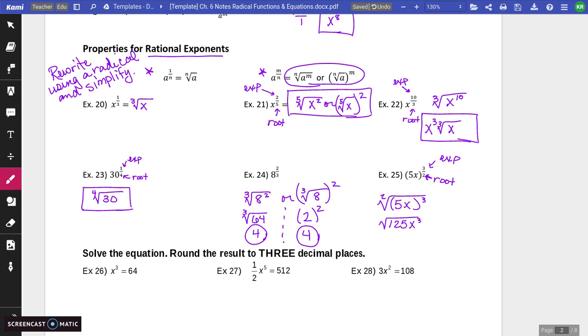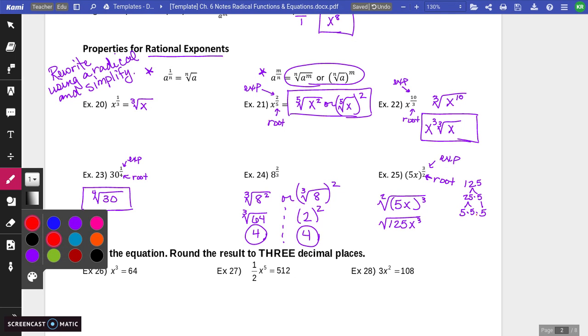Okay, so this is what we have. Well, do you have enough things in here to make pairs that I can pull out? And you do. 125, well, you just saw it's 5 cubed, so it's going to end up being 5 times 5 times 5. Since it's a square root, I just need a group of 2 things.